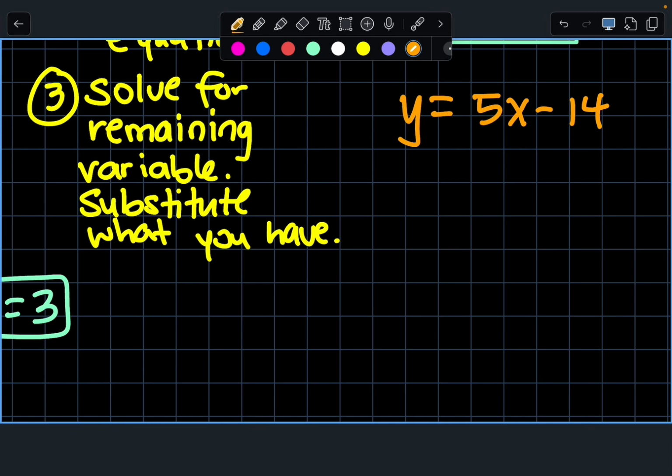I'm going to replace this x with the value of x that we just solved for. So that's going to be y equals 5 times 3 minus 14.